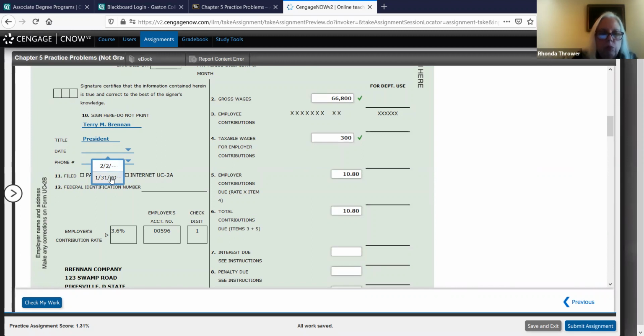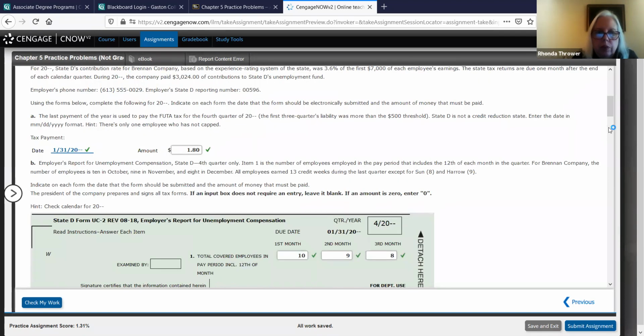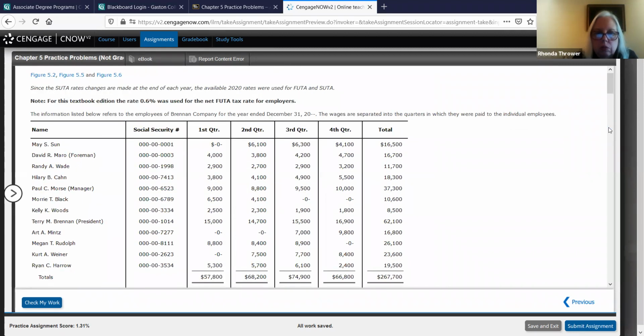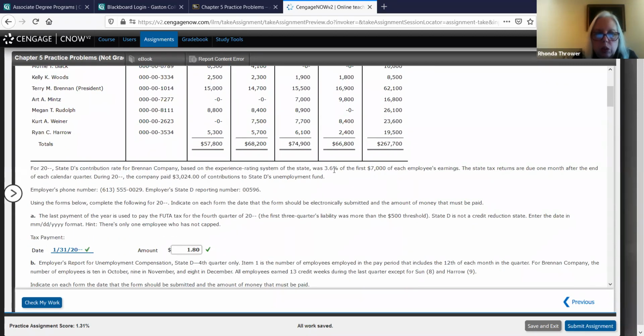And this date would be the first month after the quarter. And the phone number had to be given somewhere in here. Right there.